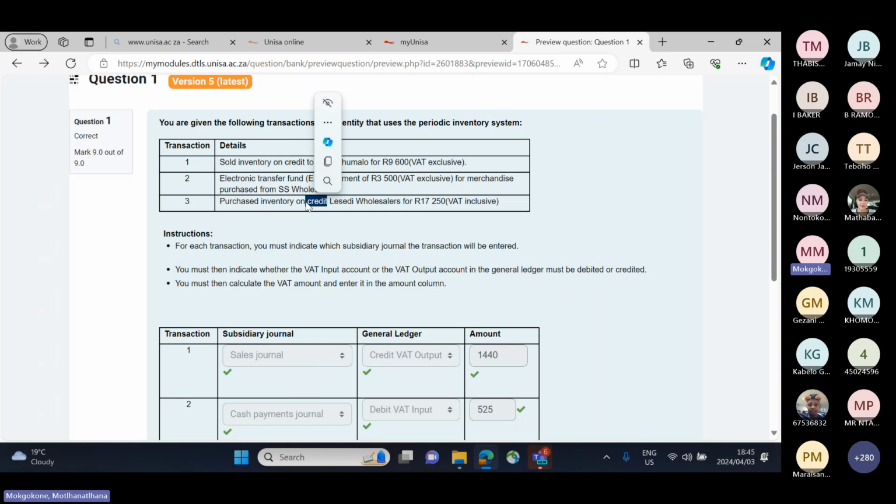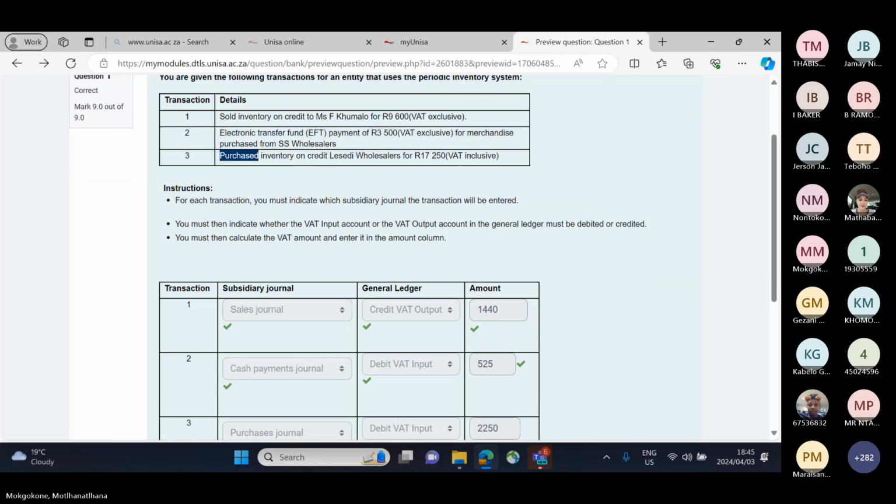We credit Lesedi wholesalers or trade payables with the full amount, including VAT, 17,250, and we debit our purchases with the amount excluding VAT, 15,000.